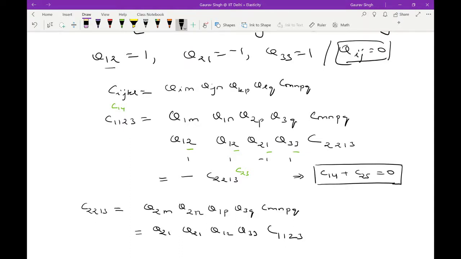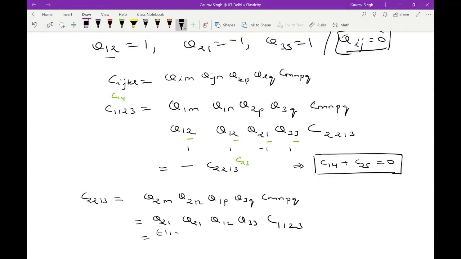Okay, and this would give you 21 is minus 1, 12 is 1, and 33 is 1. So this should give us C1123. Okay, so C2213 was C25, and this is C14. So this relation gives you C14 is equal to C25.